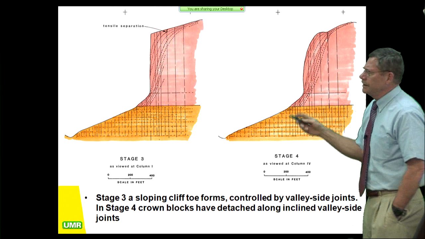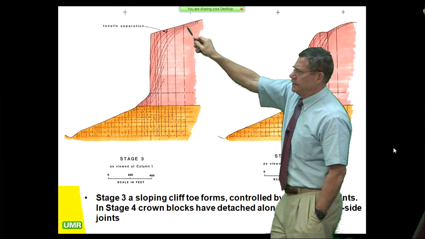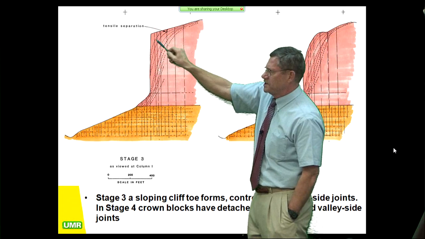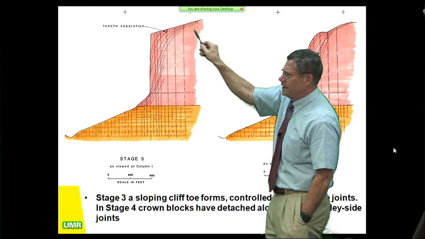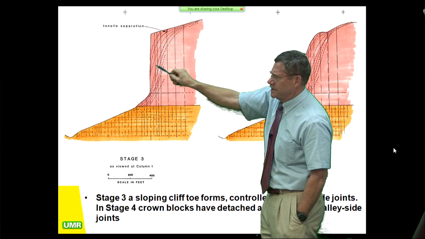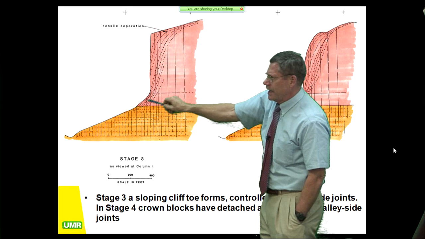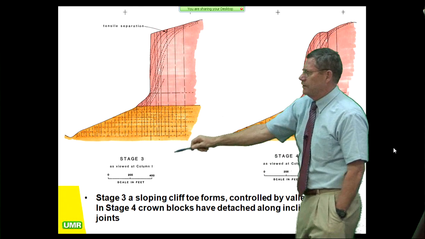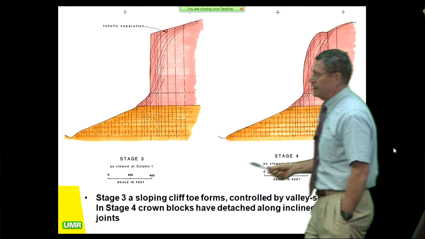Stage 3, you get more, because of this failure, or this overhanging part dropping off, you have a stress relief zone up here, and you get more valley side joints now coming down and concentrating in this turn right in here. And that's what's going on in stage 3.